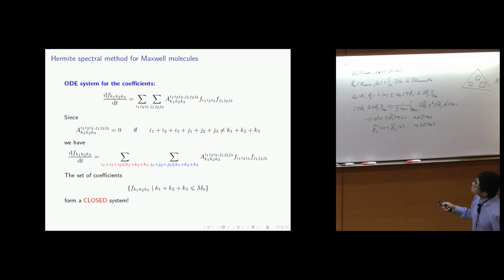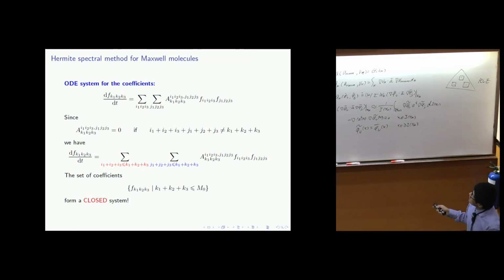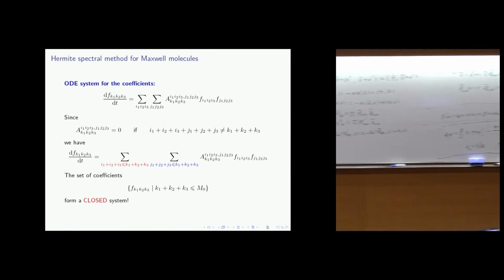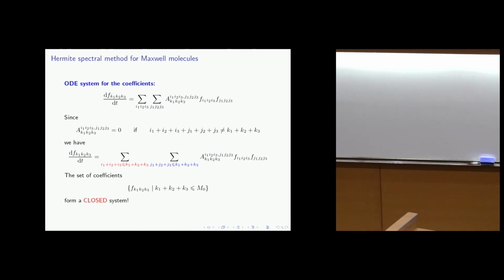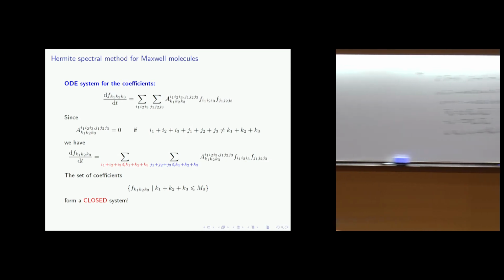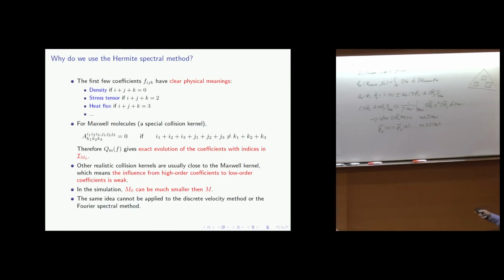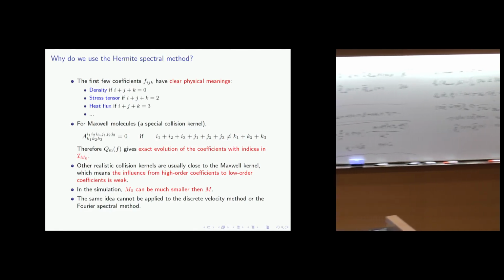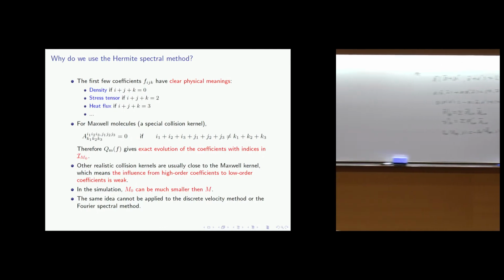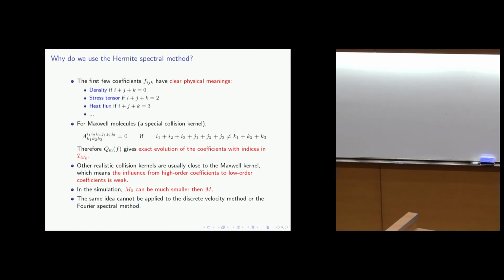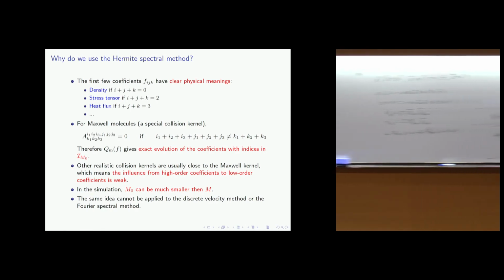But in this case, if you just pick the coefficients in this set, then these coefficients will be automatically closed. You don't need to do something like moment closure. The system is automatically closed, which means that if you just solve the ordinary differential equations for these coefficients, you get exact results. So this is what I say here. This right-hand side gives exact evolution for the coefficients with indices in this index set. Okay, it also means that this infinite ordinary differential system is reducible.